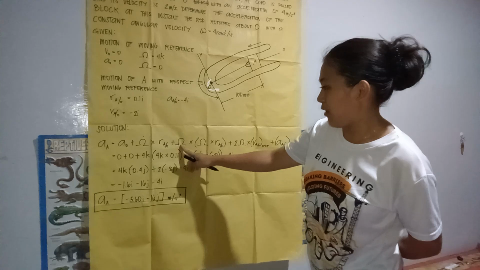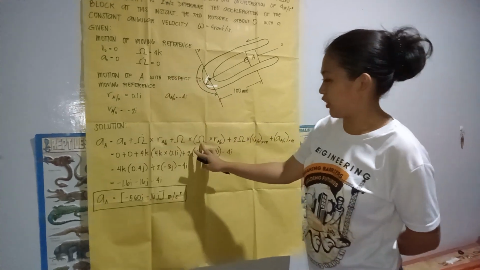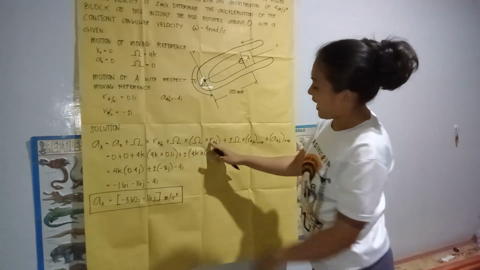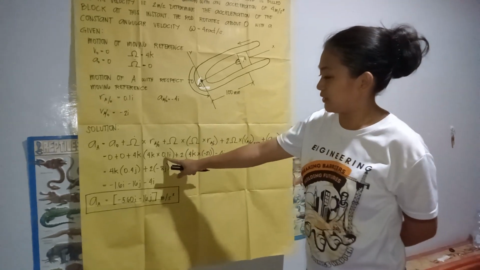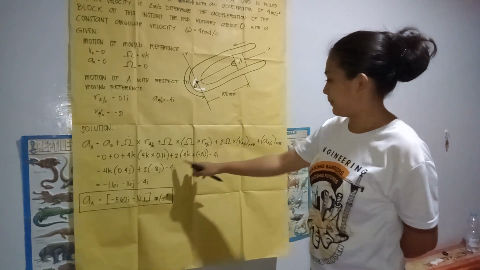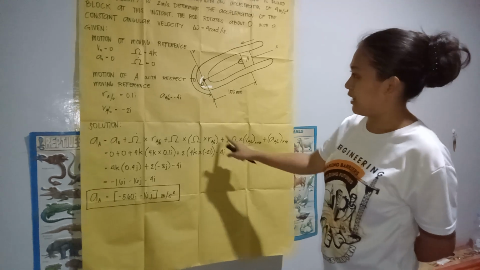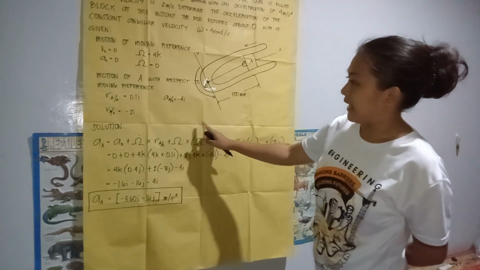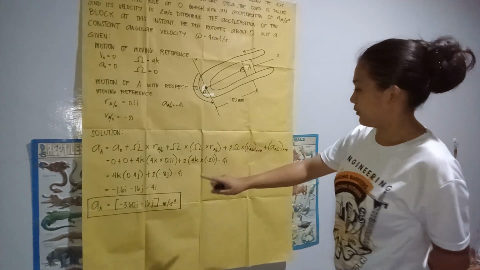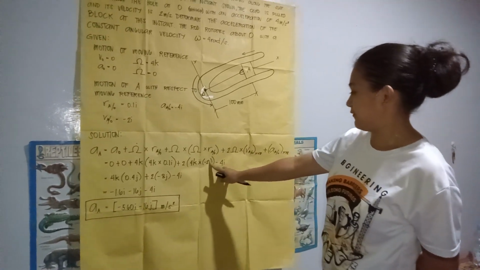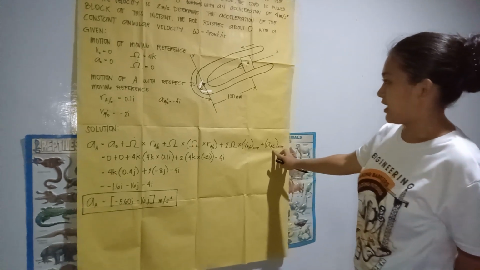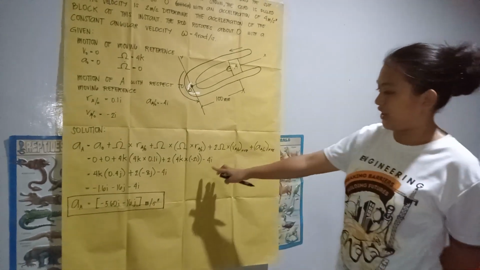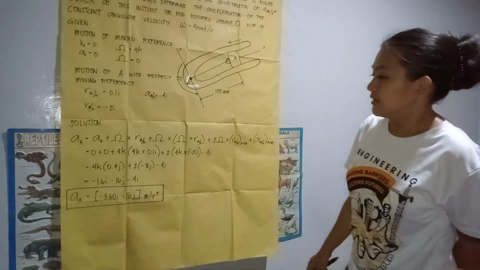For our omega, we have 4k, and for our omega again, we have 4k. For our radius, we have 0.1i, plus 2 times omega, which is 4k, times our velocity with respect to the moving reference, which is negative 2i, and our acceleration with respect to the moving reference, we have 4i.